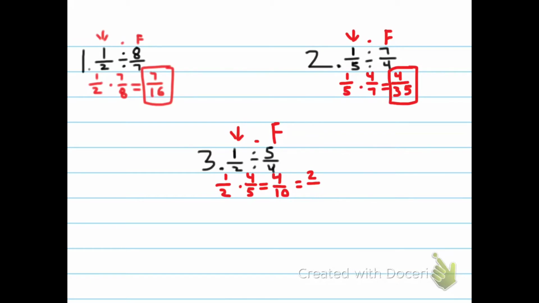So here's a little trick to simplifying. You could either simplify after you're done doing the math, or you could do it before doing the math. If you look diagonal from everything, like 1 to 5 and then 4 to 2, you could see if they have a common factor. So 2 and 4 have a common factor, which is 2. And so 2 divided by 2 is 1.